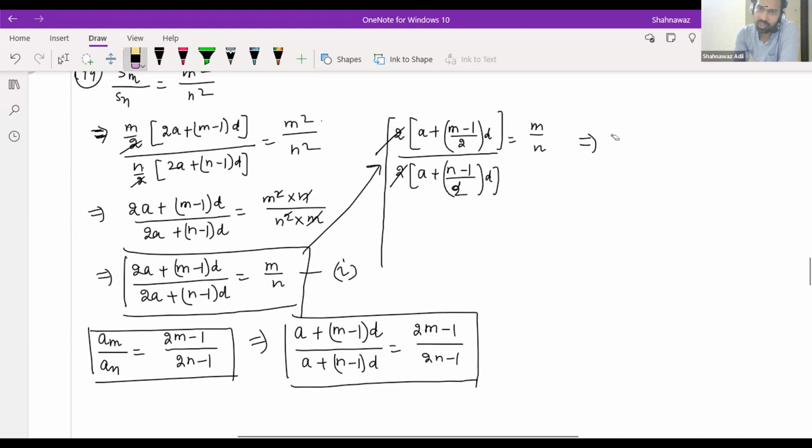Let me see how we can get a plus n minus 1 into d. We need to find out this.